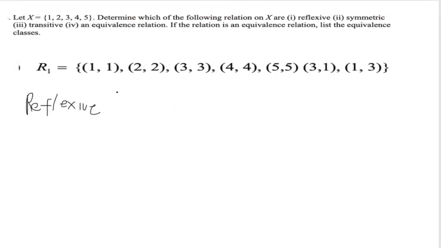If you map it on the diagram, you're going to see that all the numbers map back into themselves. I have 1, 2, 3, 4, 5. So the question is, do I have (1,1), (2,2), (3,3), (4,4), and (5,5)? The answer is yes. So therefore it is reflexive, because we have all elements going back to themselves.